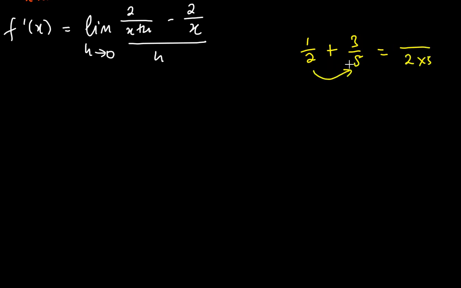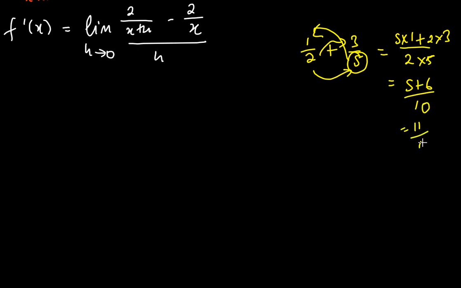Then you say 5 times that 1 there, so you have 5 times 1 on top, then plus 2 times 3. So the answer would be 5 plus 6 all over 10, so we would have 11 over 10.